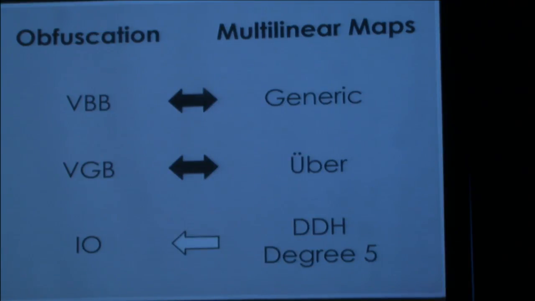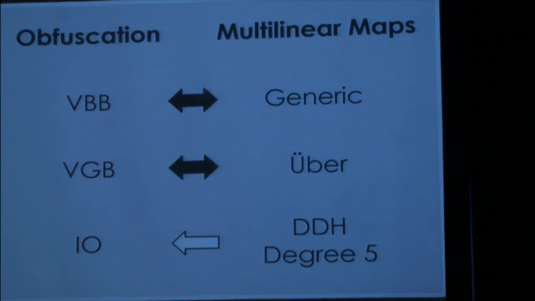To conclude the entire first part of the talk, let me summarize what we know about constructions and about the connection between obfuscation and multilinear maps. To get VBB security, we need to assume that the maps are generic or perfect. Unless our encodings are in some sort of a black box, we run into all of the impossibility results.